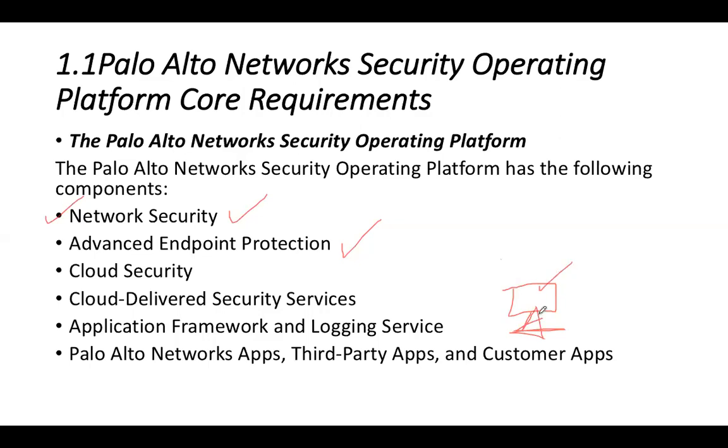So how is it possible? Advanced endpoint protection: what traffic it is carrying, what attachment is coming to this machine. Is there any malicious traffic? Is there any malware traffic? Is there any threat? If Palo Alto detects it, it is going to drop it right here. It won't let that kind of traffic get in to the PC.